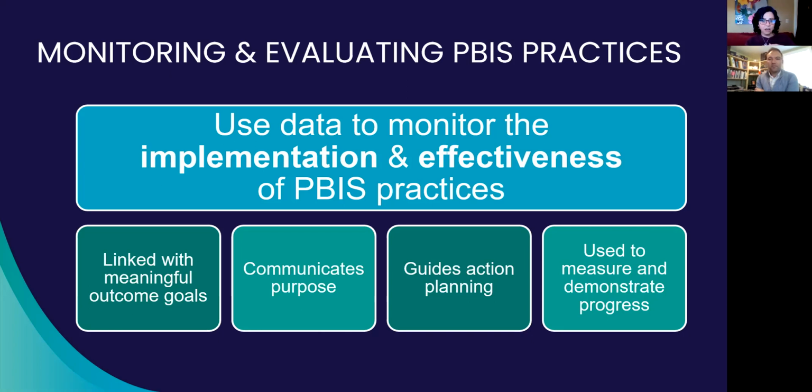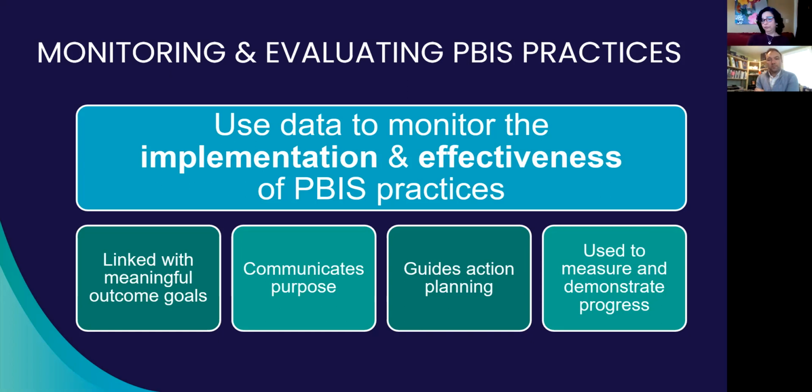If our fidelity is low, we know why we're not getting the results that we wanted. So we have to go back and work with the adults. So as a team, we want to build our routines around monitoring both implementation and the effectiveness of the implementation.